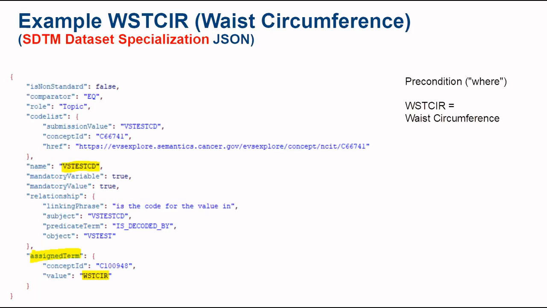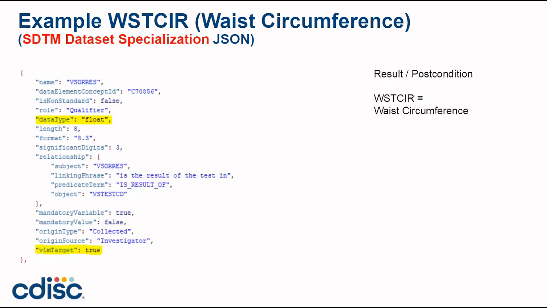Let's look at an example for waist circumference. This is part of the JSON we get from the CDISC library and the API for the dataset specialization. It defines a precondition stating when VSTESTCD equals WSTCIR. Then we continue.